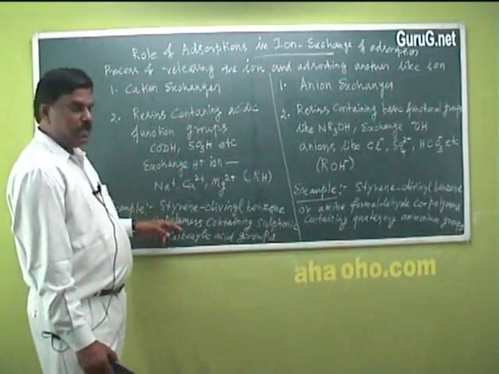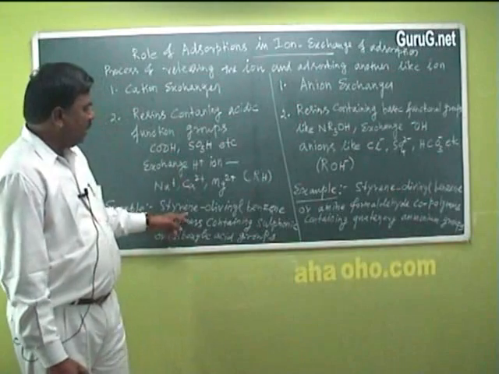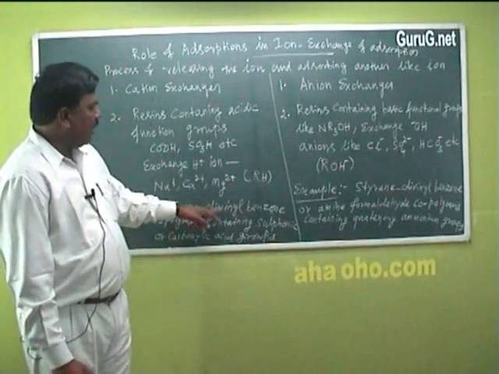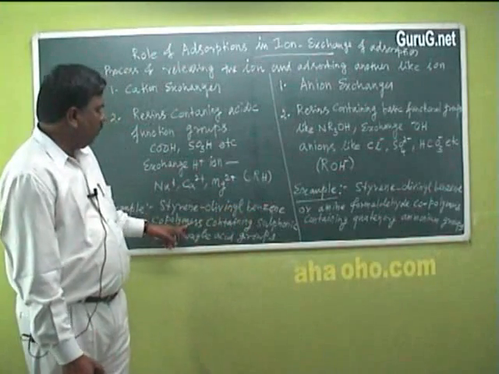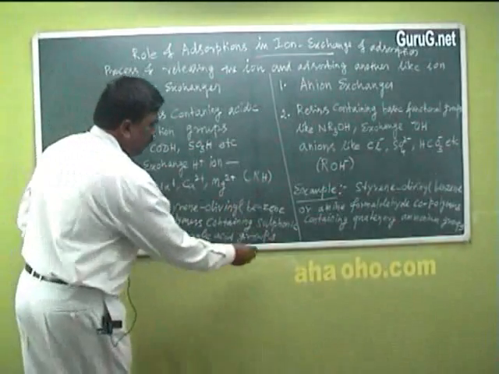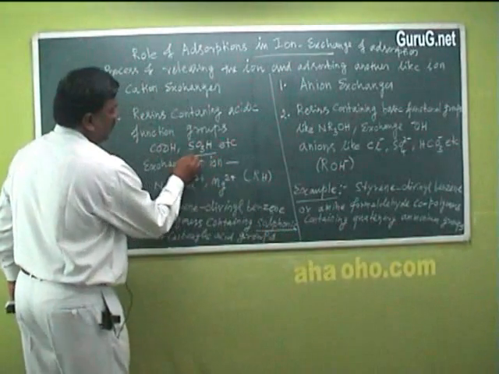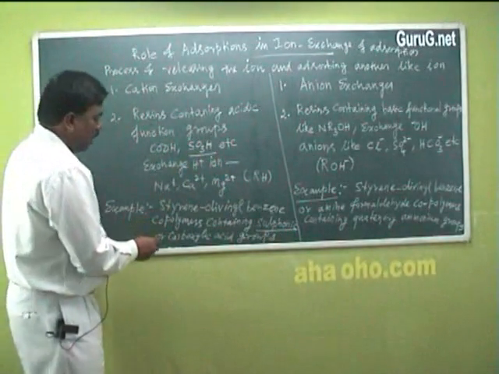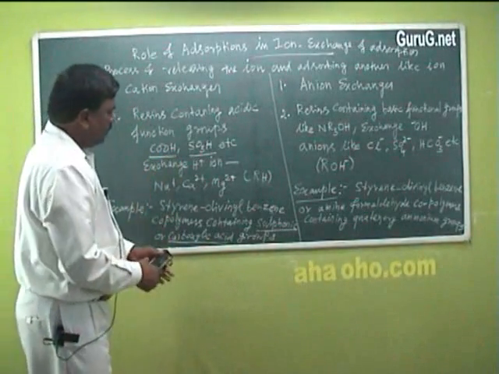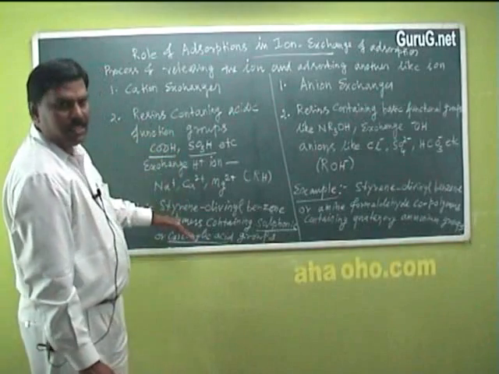An example is styrene divinyl benzene copolymers containing sulfonic acid SO3H and carboxylic acid COOH groups. So this is an example of a cation exchanger.